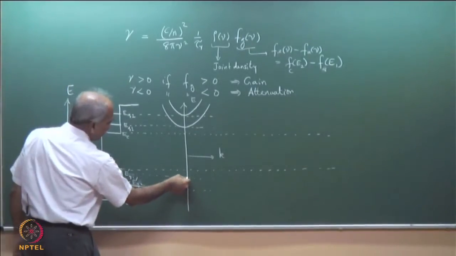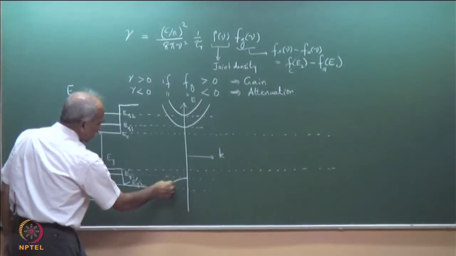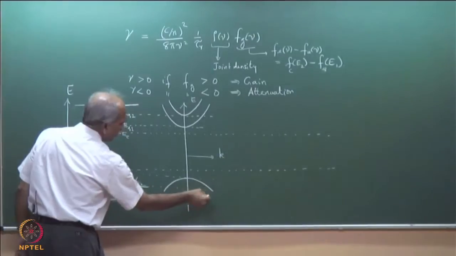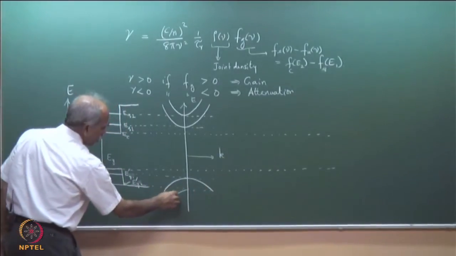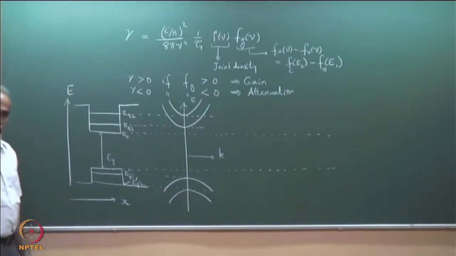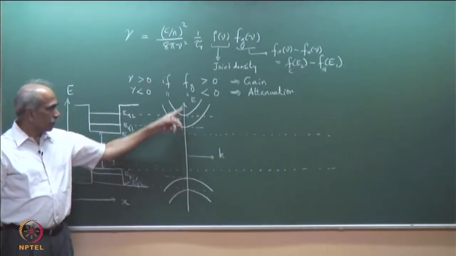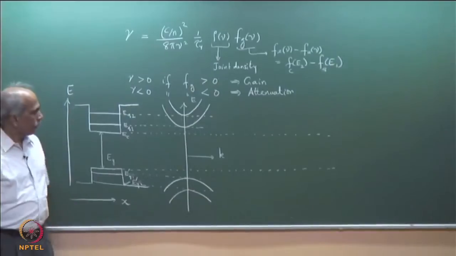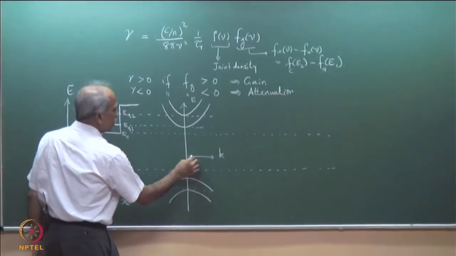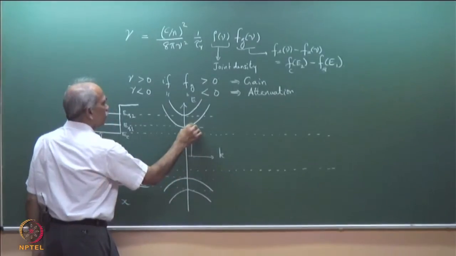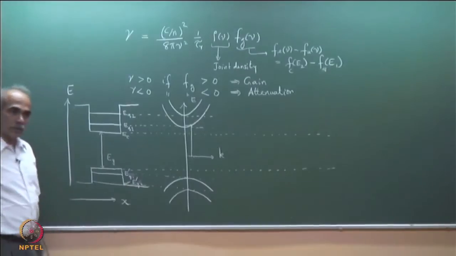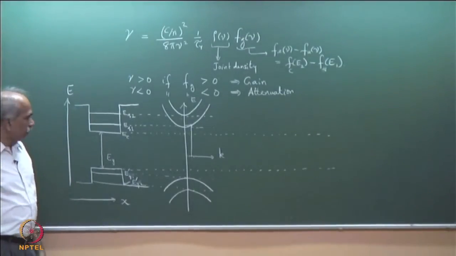Similarly, for the valence band, if MC is not equal to MV, the shape would be slightly different. So, these are the energy subbands. This is the k axis. For a given value of k, the allowed value of E gives you the E-K diagram. So, this is the quantum well.